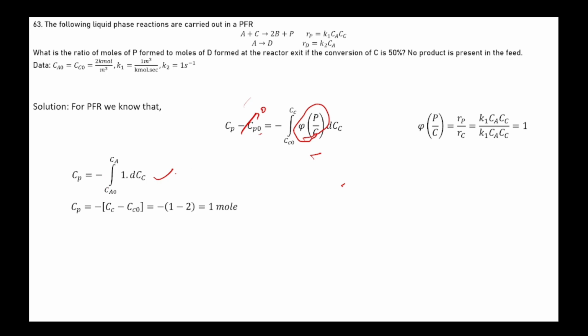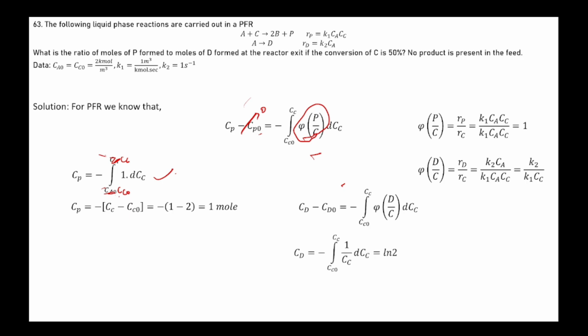Sorry, this will be CC, this is CC naught to CC. So we'll get this because we are dealing with C, 50% conversion of C. Now again the same thing, RD upon RC. So we'll get this. So this is the answer. Okay, so a very simple question. If you know the formula, you can easily do this.